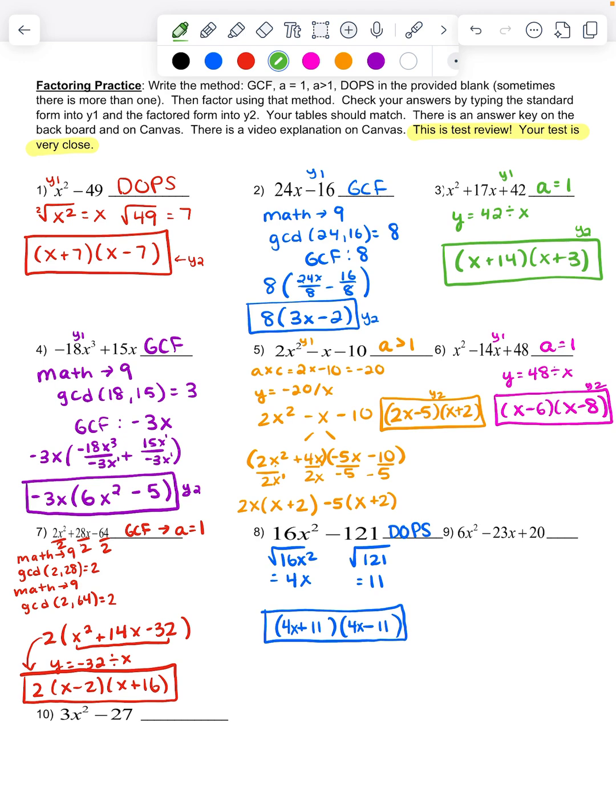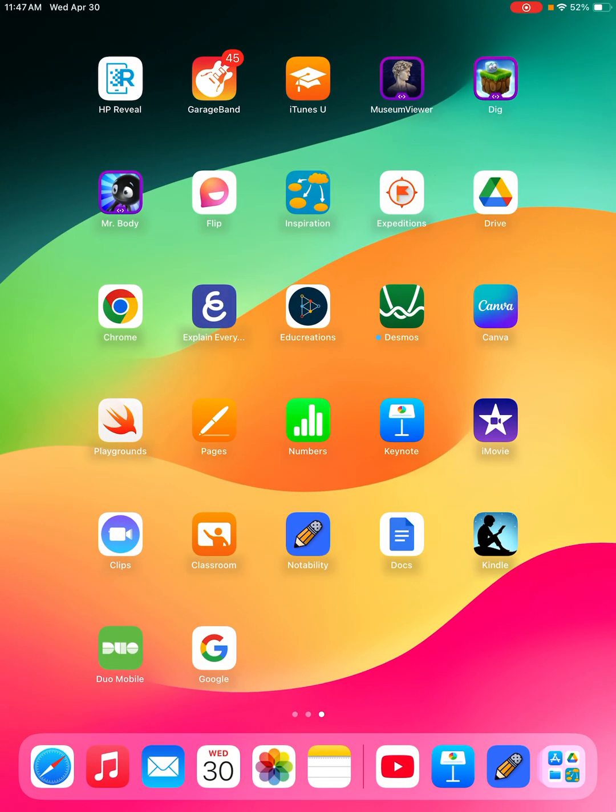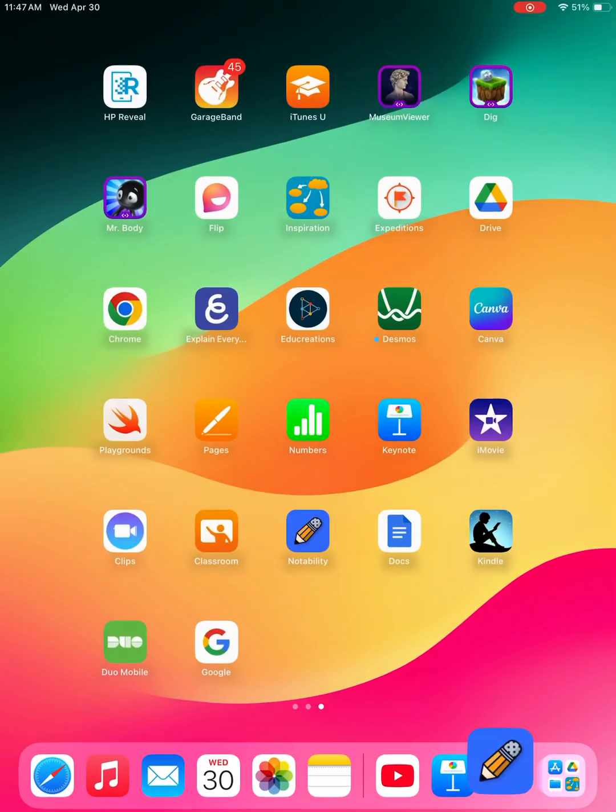For number 9, it looks like it's going to be an a is greater than 1 problem. I would check for a GCF, but I know that 23 is a prime number, so I'm not going to be able to divide anything out of that. So I'm going to start with my a times c, and that's 6 times 20, which is 120. And then I'm going to go to my y equals screen, and I'm going to do 120 divided by x, and I'm going to look for things that add to negative 23.